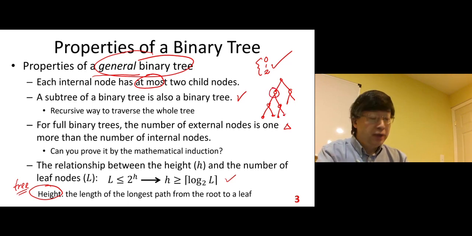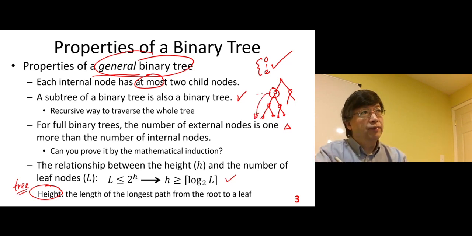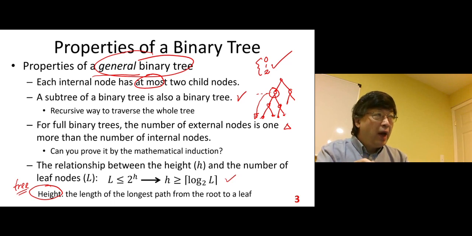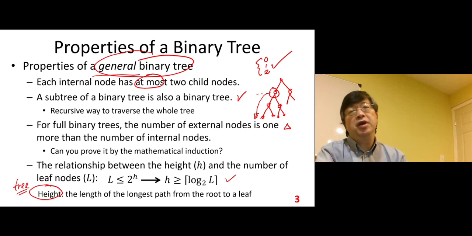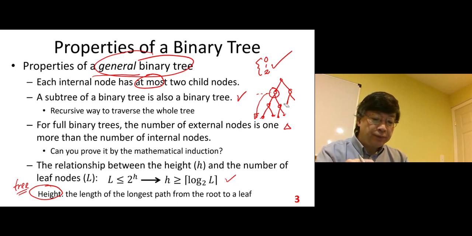Now we need to consider the longest path from this node to a leaf node, not shorter than the longest path. You have to use the longest. So we also have the concept of height of each node. All right.